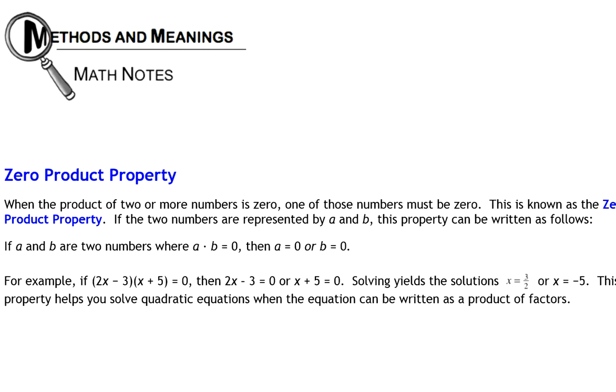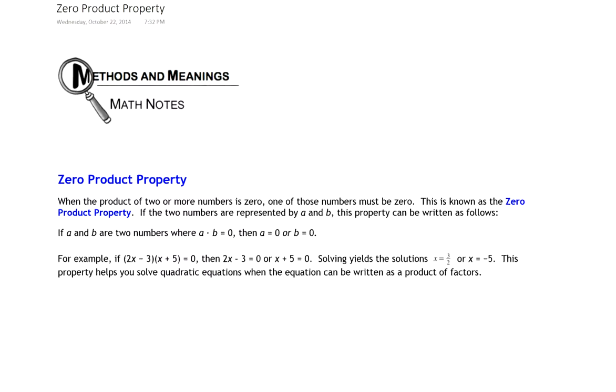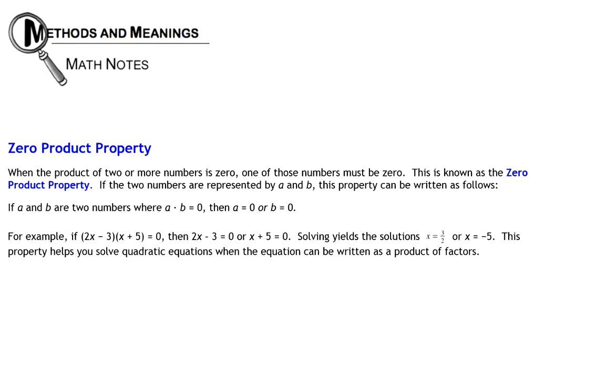There's one more box here, methods and meaning, and they have an official write-up for the zero product property. When the product of two or more numbers is zero, one of those numbers must be zero. This is known as the zero product property. If two numbers are represented by a and b, this property can be written as: if a and b are two numbers where a times b equals 0, then a is 0 or b is 0.